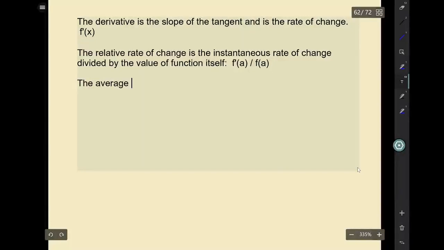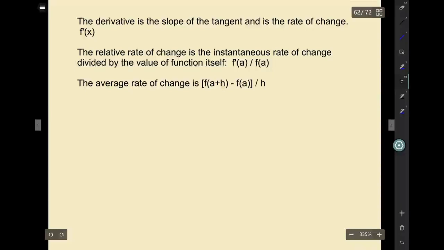The average rate of change is f of a plus h minus f of a, and this whole thing divided by h, which I showed you and derived for you previously.